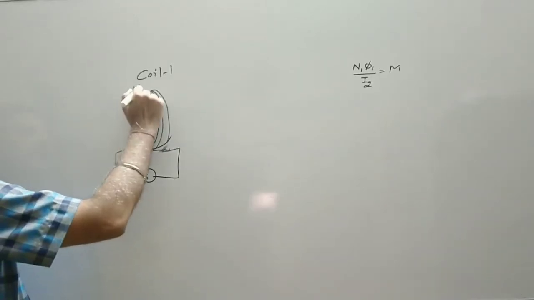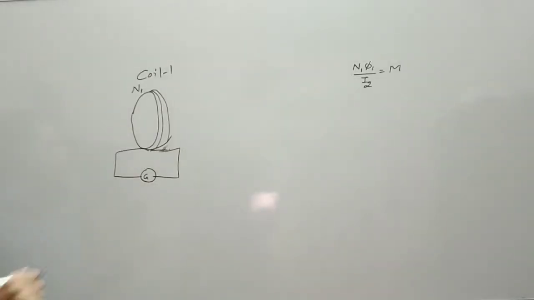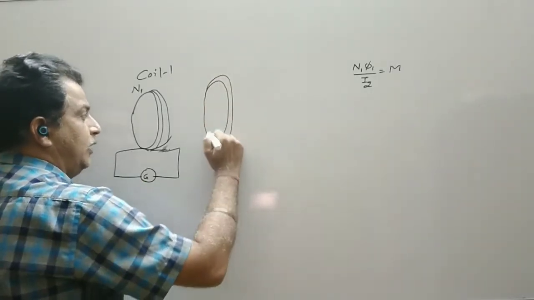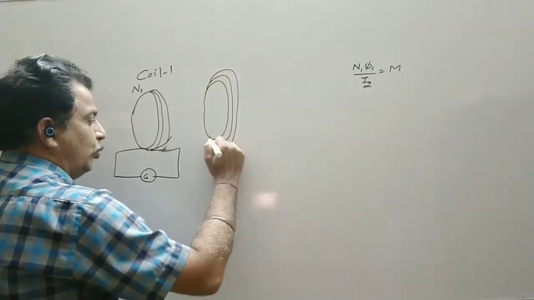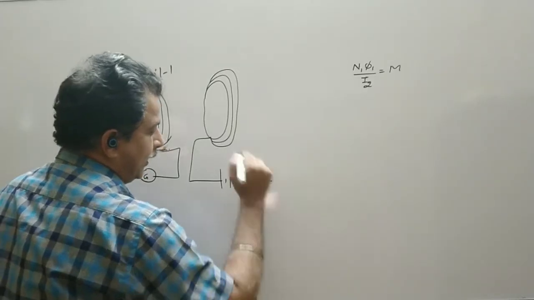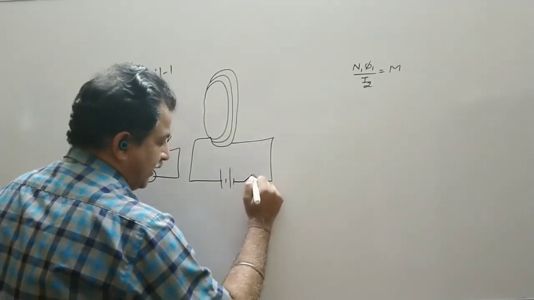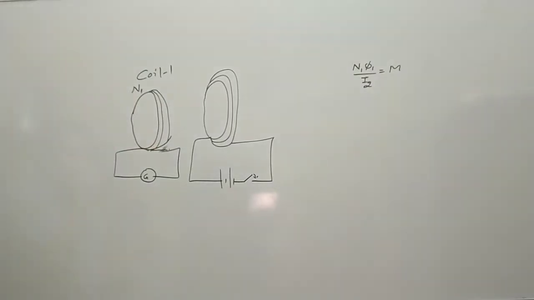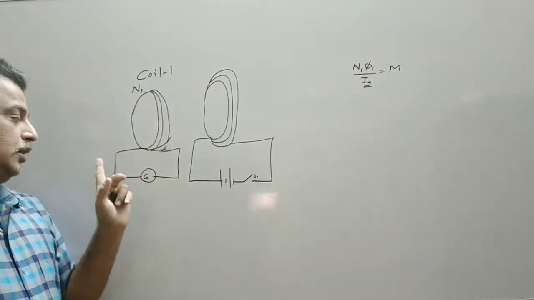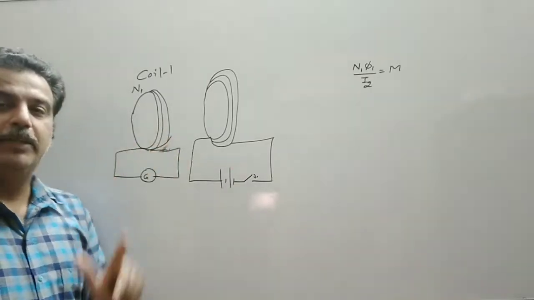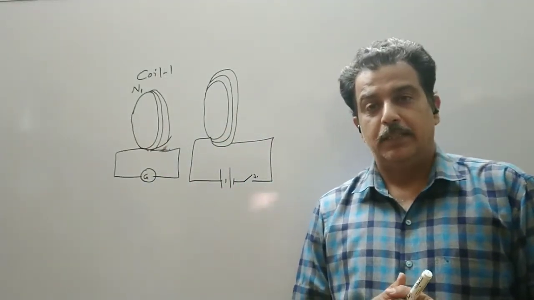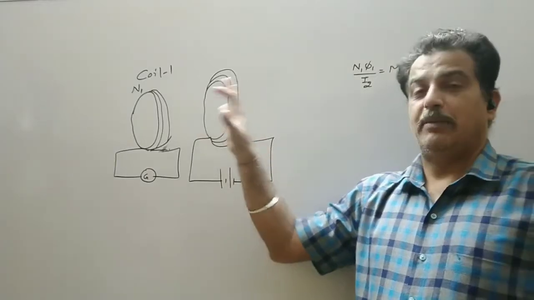The number of turns in this is say N1, and we consider another coil having number of turns equal to N2, and this coil was connected to a battery through a key, and we tap this key. We remember that the current is induced, or the galvanometer shows deflection, if we keep on tapping the key. As soon as we stop tapping, the magnetic flux becomes constant.